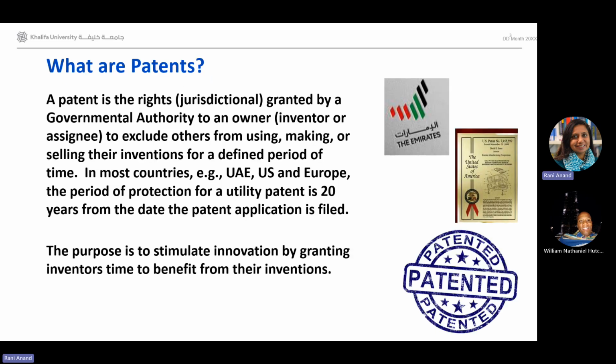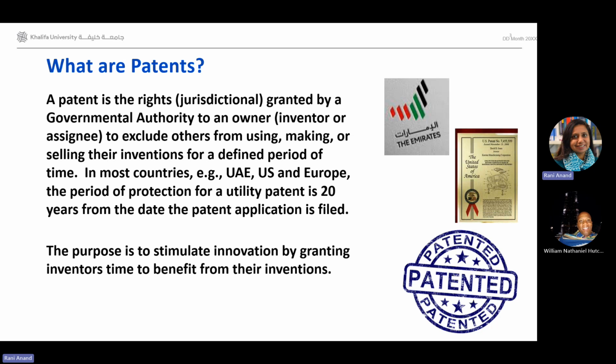Then what are patents? A patent is a jurisdictional right, granted by a governmental authority to an owner, inventor, or assignee to exclude others from using, making or selling their invention for a defined period of time.